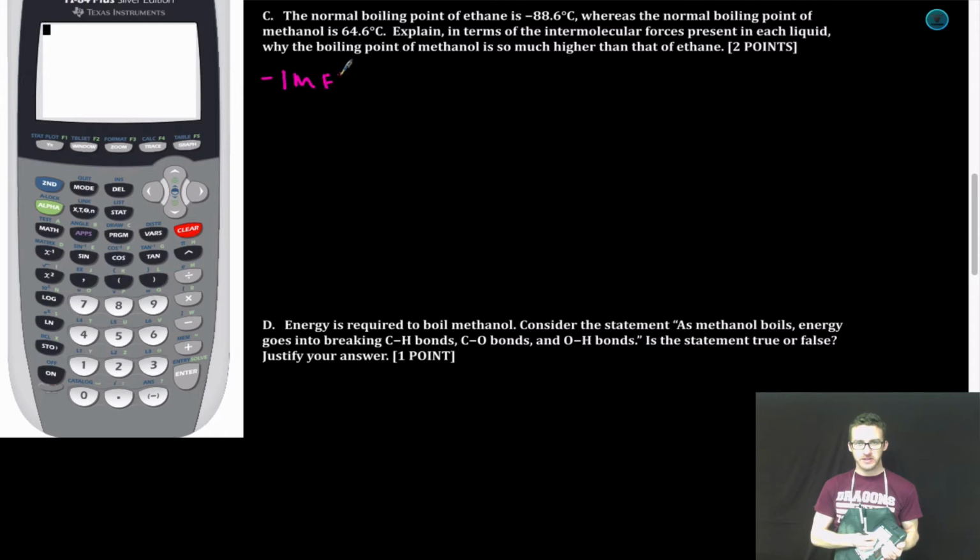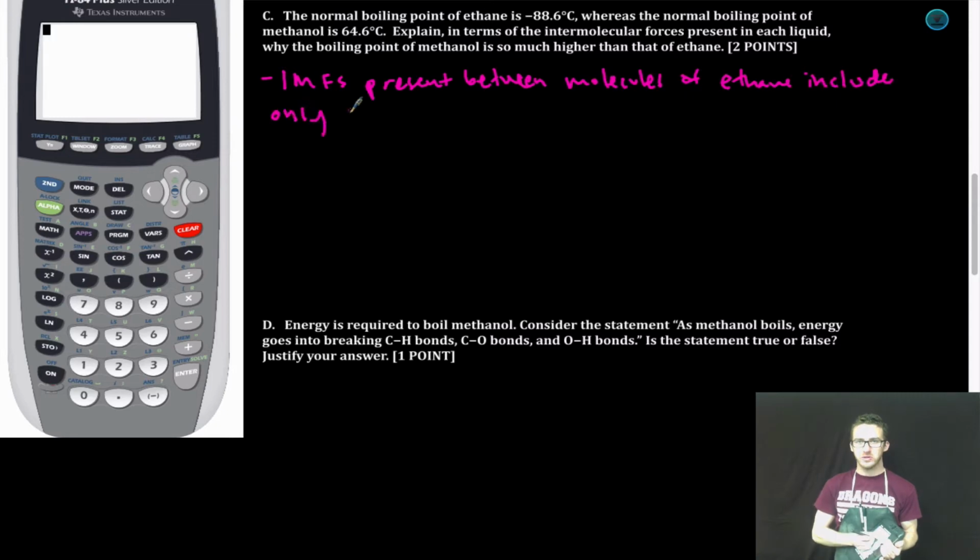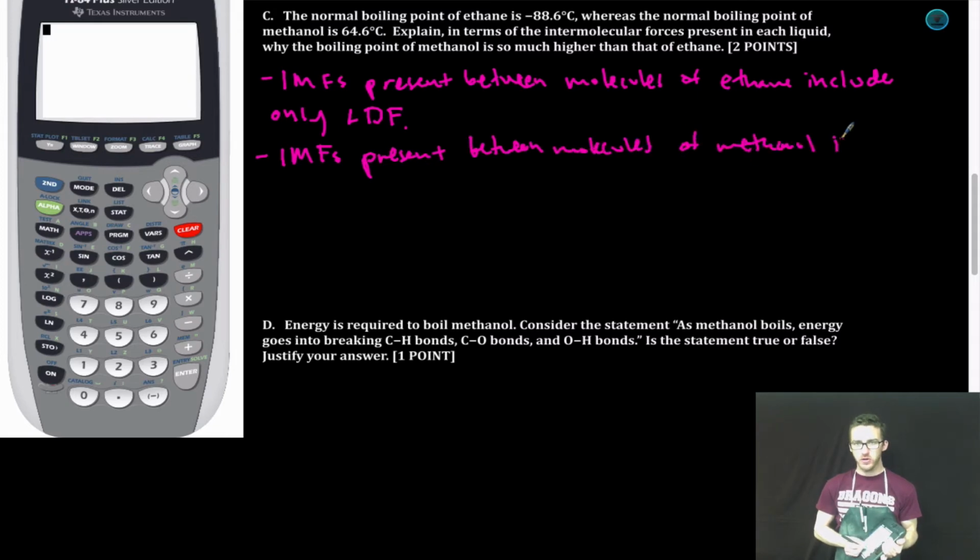Intermolecular forces present between molecules of ethane include only London dispersion forces. IMFs, intermolecular forces present between molecules of methanol include London dispersion forces, dipole-dipole, and hydrogen bonding.